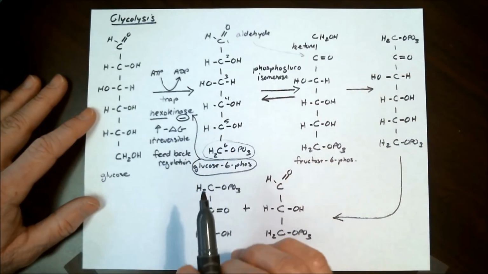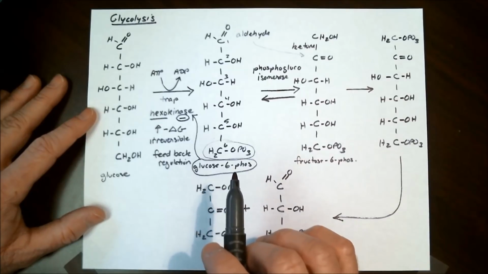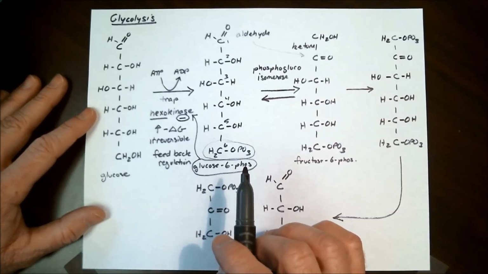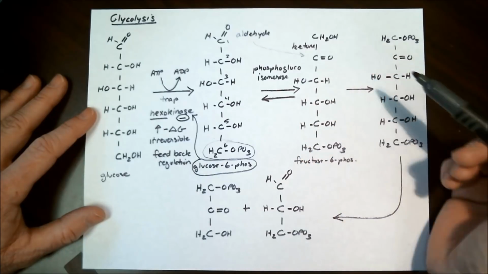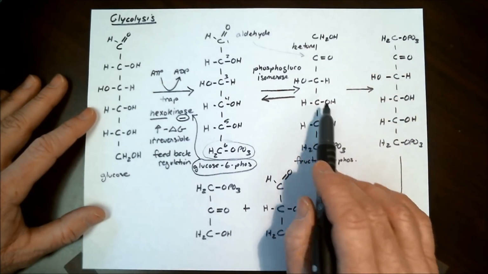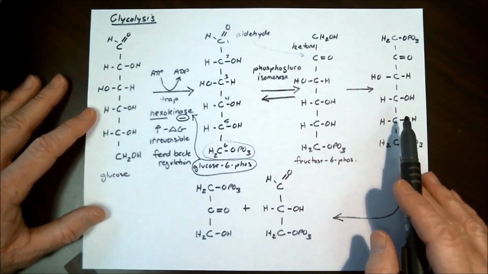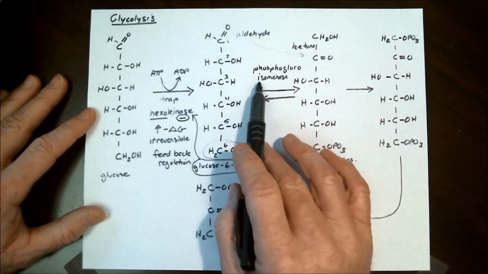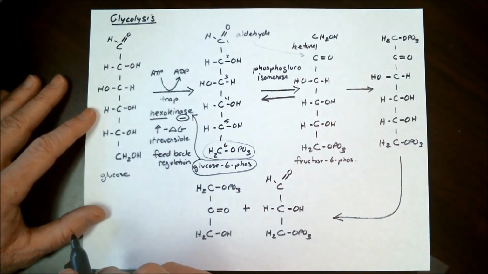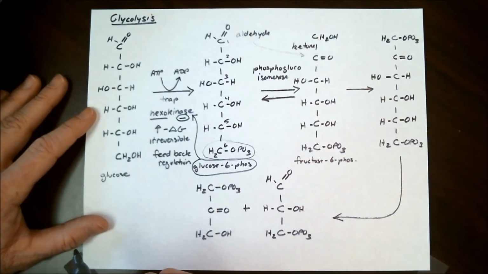Now, the reason this reaction does not typically, for most cases, reverse is because the product, fructose 6-phosphate here, is kept very low because it becomes the substrate for the next reaction. Therefore, the glucose 6-phosphate, which is the substrate for the phosphoglucoisomerase, maintains a high concentration.